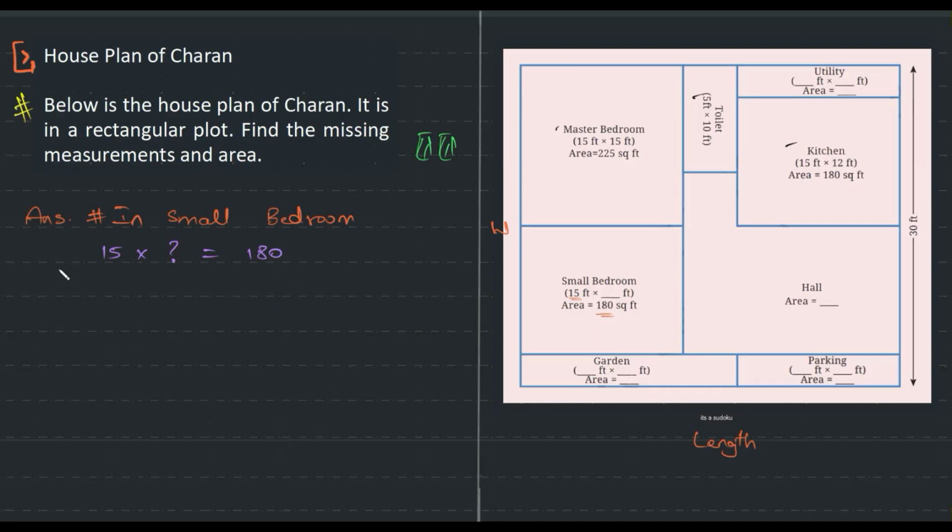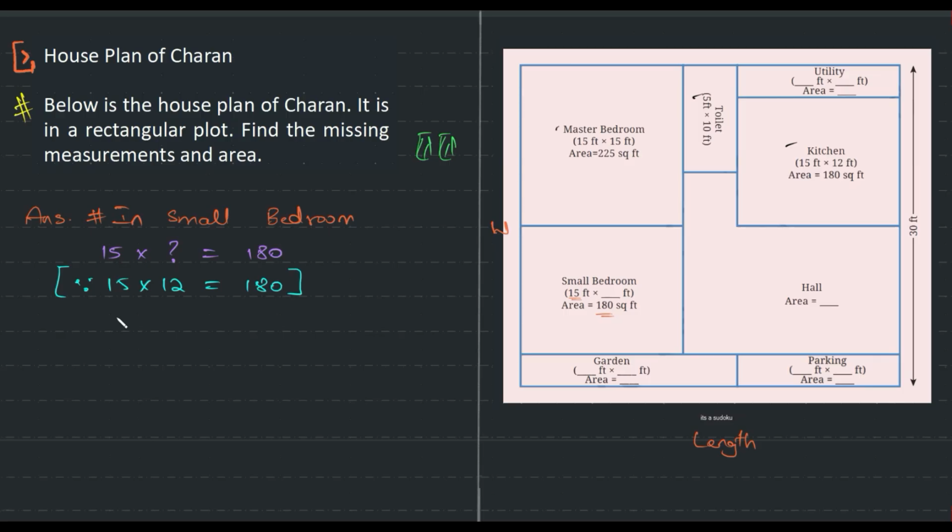So what is the trick that I have taught you guys over here? Basically, 15 times what will give us 180? It's similar to dividing 180 by 15. Because 15 times 6 is 90, so 15 times 12 will be 180. Because 15 times 12 is 180.